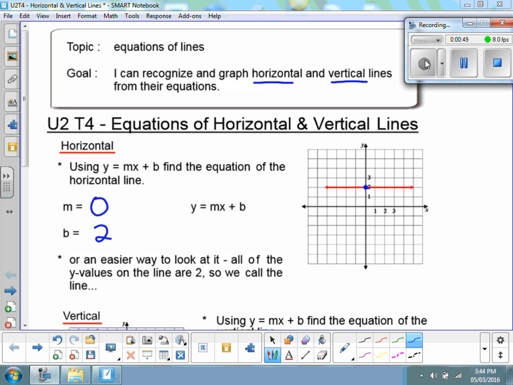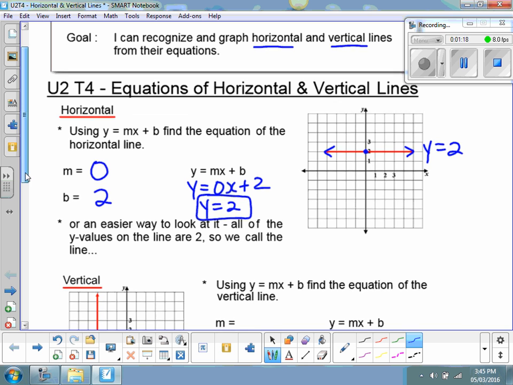So that means that y equals 0x plus 2, and 0 times x is 0. So the actual equation for that line is just y equals 2. So if I'm going to label that line on the graph with its equation, it's going to be y equals 2. So that's what it looks like to use y equals mx plus b.